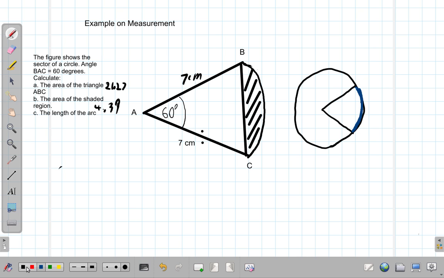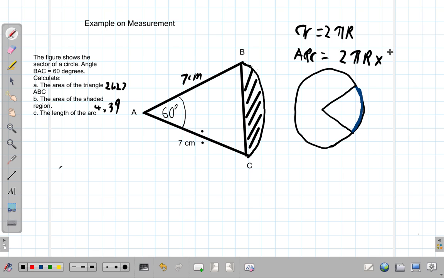Remember that the arc is part of the circumference. The circumference is 2 times pi times r. The length of the arc will be part of it: you cut the whole circumference down to the fraction that it takes up of the entire circumference.